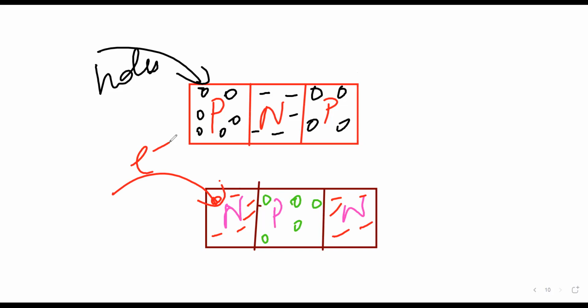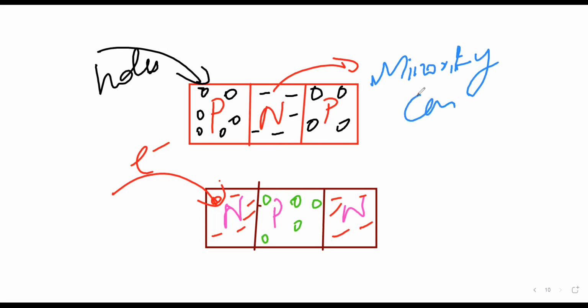If I take the PNP, what are my minority carriers? Minority carriers are electrons in this. By seeing the diagram itself, you will know. Whereas in NPN, my minority carriers are holes.